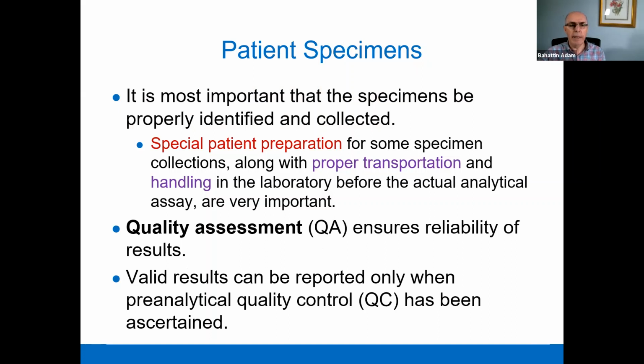Okay, it is most important that specimens be properly identified and collected. As I told you earlier, identifying and collecting a specimen, a sample, is one of the most important issues that we have to do at the beginning of the process. In some cases, special patient preparation is needed.